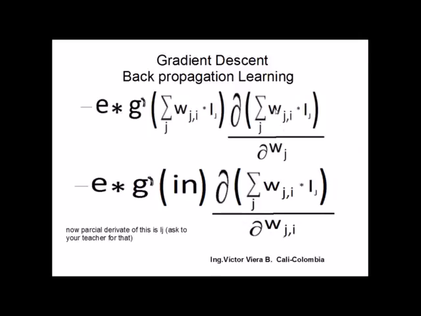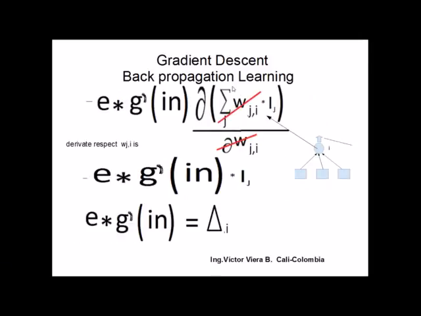Now we are going to compute this part. We can derive this with respect to w_ji, and the derivative is equal to a_j.